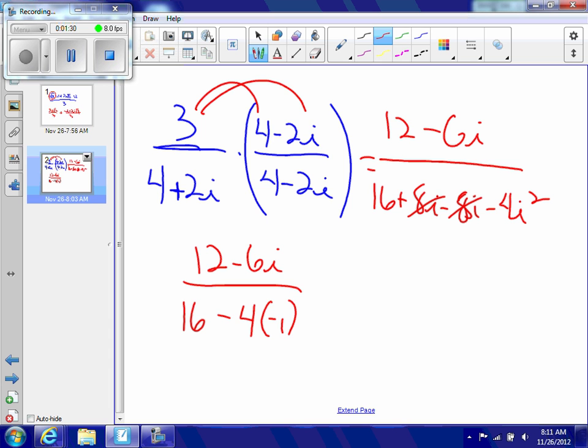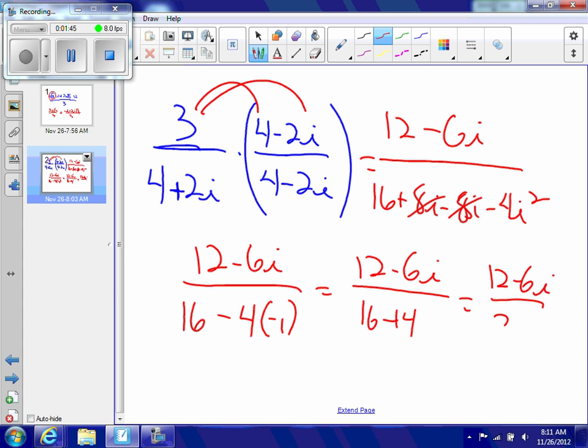Don't forget that i squared is negative 1. So that's going to be 12 minus 6i over 16 plus 4. So I'm going to have 12 minus 6i over 20.